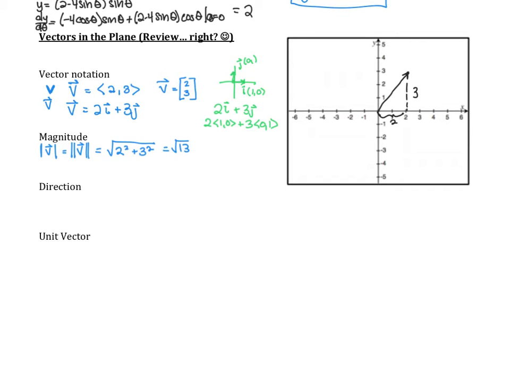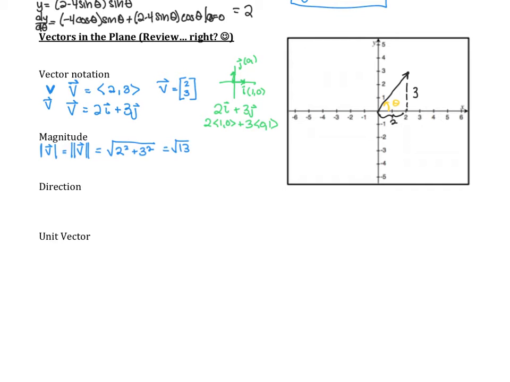Okay, and now moving on to direction, because that's what makes a vector a vector. A vector has a direction and magnitude. To find the direction, we're going to use trig, and we're going to use the idea that the direction comes from the positive x-axis. It's the angle made with the positive x-axis.